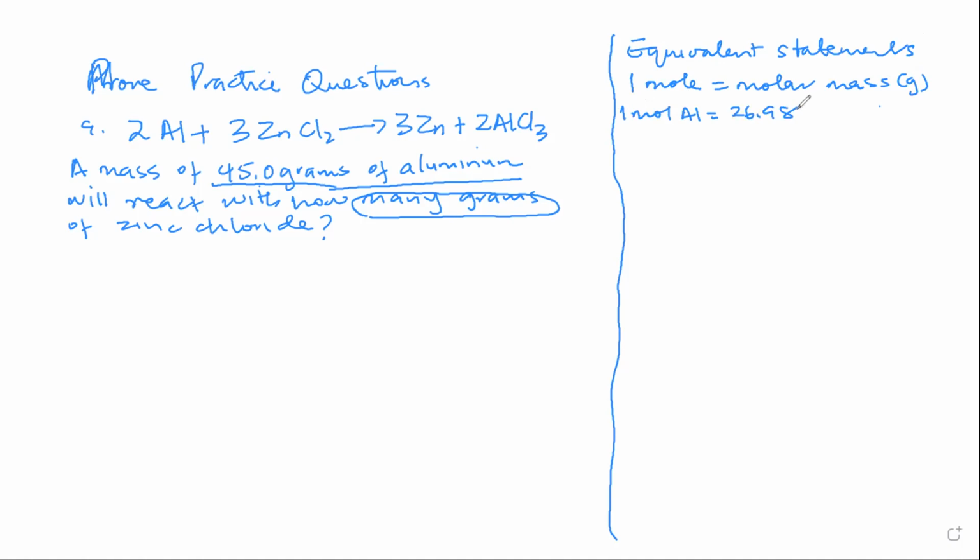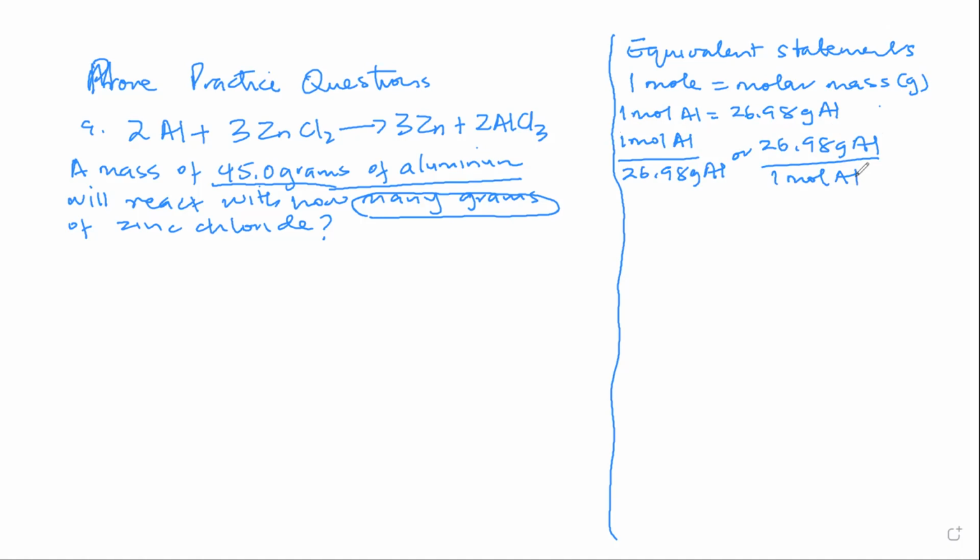Remember, for all the elements, the atomic mass is equal to their molar mass. Okay, you have to understand that. We did that some time ago. So 26.98 grams of aluminum over 1 mole of aluminum.